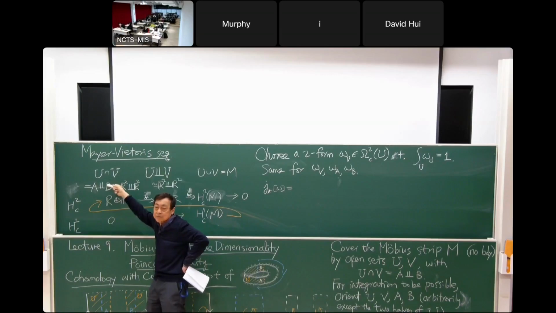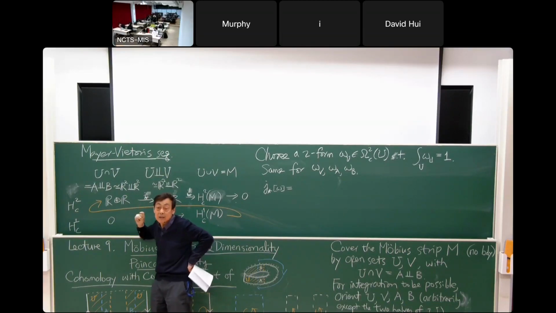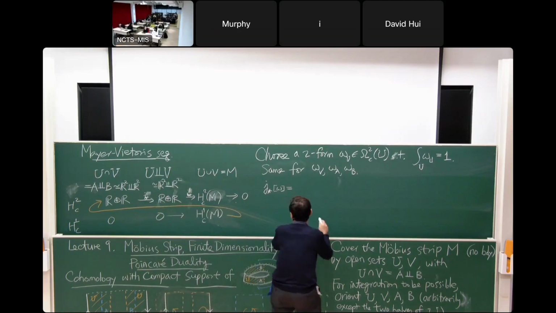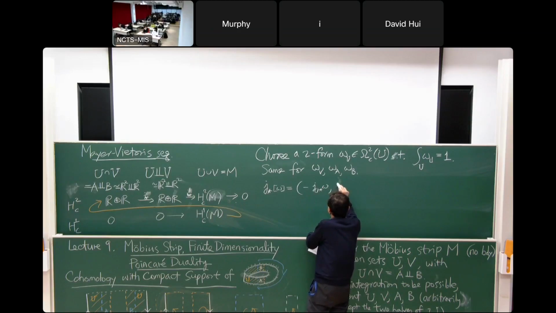You have the intersection included in U and in V. Yes, it's a signed inclusion. So J lower star is minus J U lower star of omega, and then J V lower star of omega.